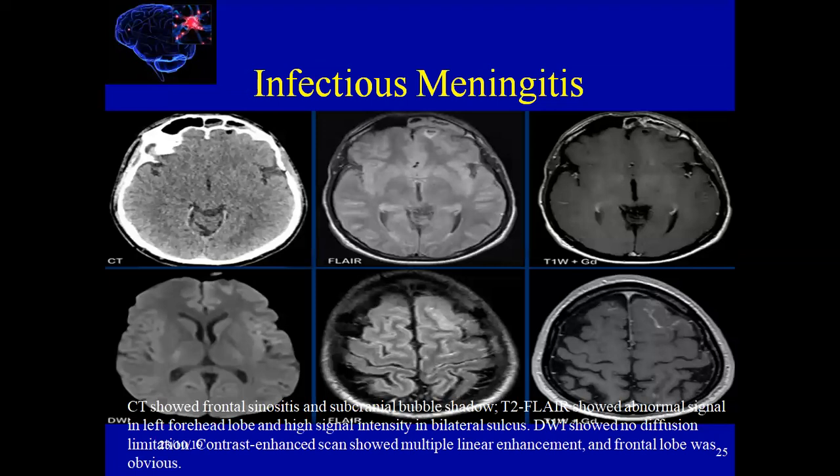This is infectious meningitis, as we see in this picture. CT shows frontal sinusitis, and also subcranial bubbles, as we show here in this CT. The T2 and FLAIR show abnormal signal in the left forehead and frontal lobe, and high signal intensity in bilateral sulcus.